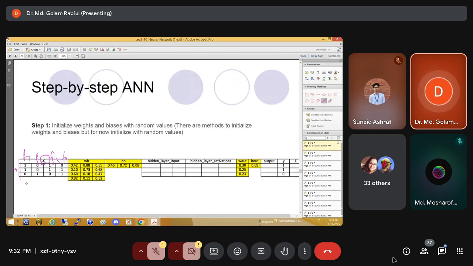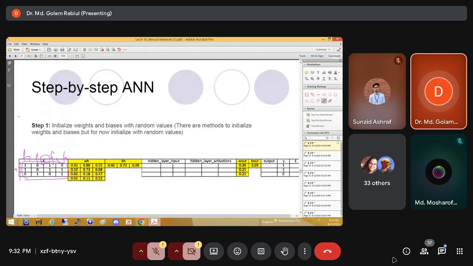All these 3 instances will pass to our neural network at a time. We call this batch processing.